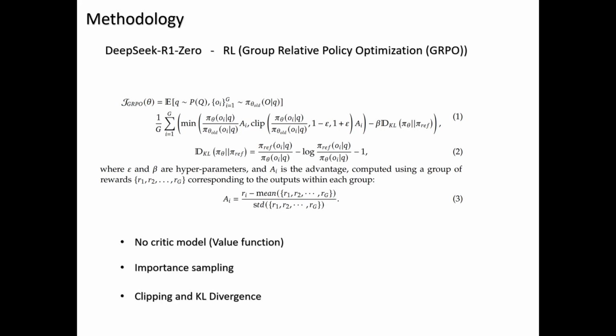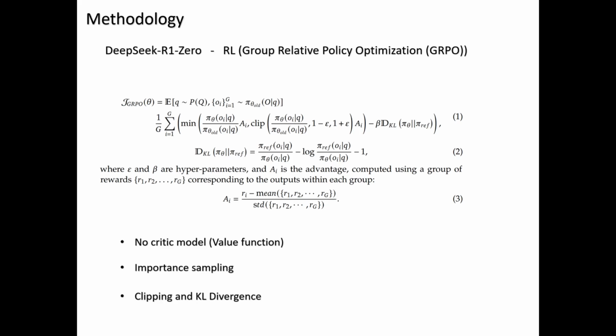So the overall idea of this reinforcement learning is to train the model to more likely generate answers with higher rewards and less likely generate answers with lower rewards. And the rewards here are represented by A_i, which is the advantage of answer o_i compared to the average rewards of all sampled answers. So here is equation 3.